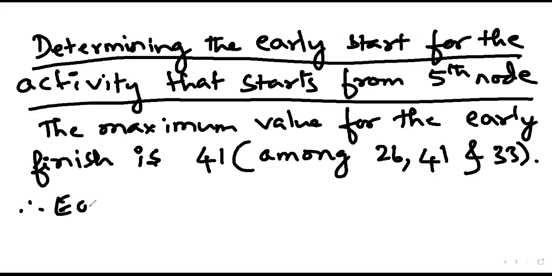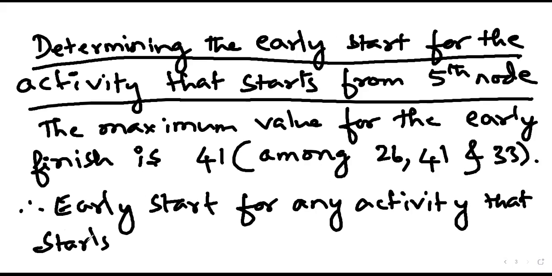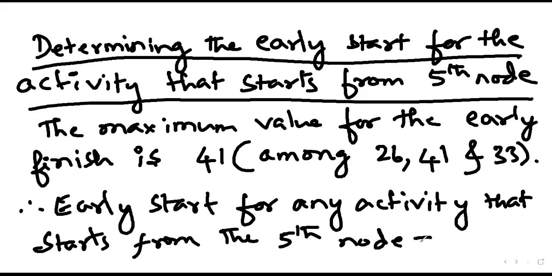Therefore, the early start for any activity that starts from the fifth node will be equal to 41.